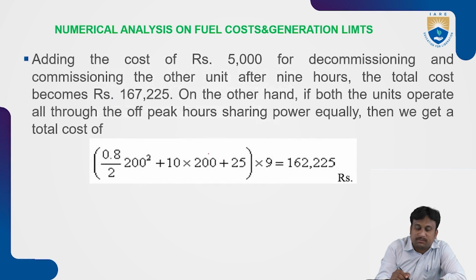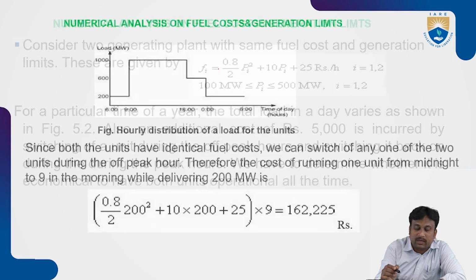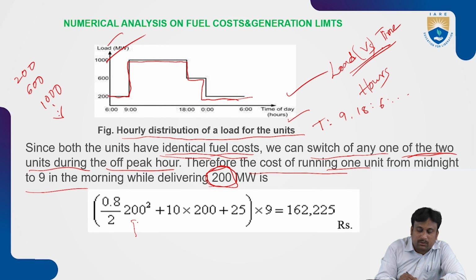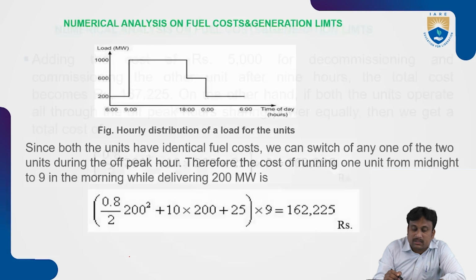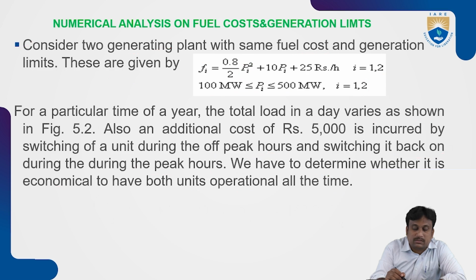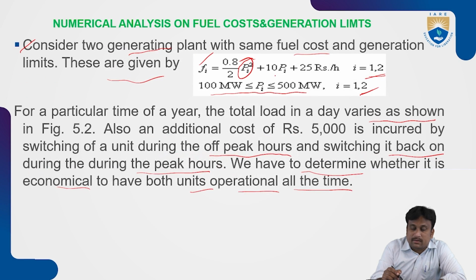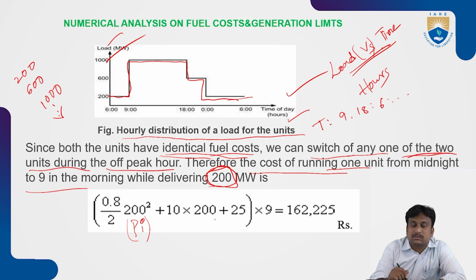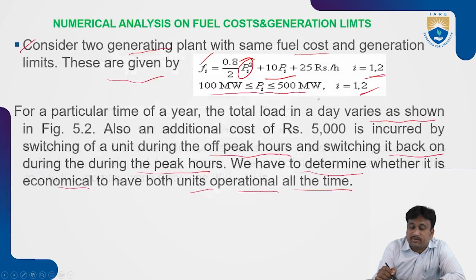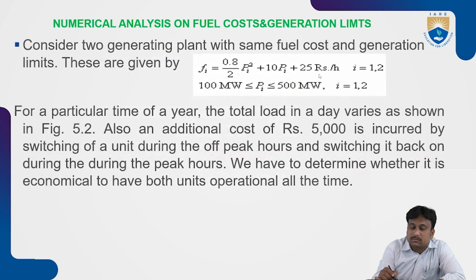In the given expression, if you substitute 200 as Pi, then it becomes 0.8 by 2 into 200 square plus 10 into 200 plus 25 rupees per hour.